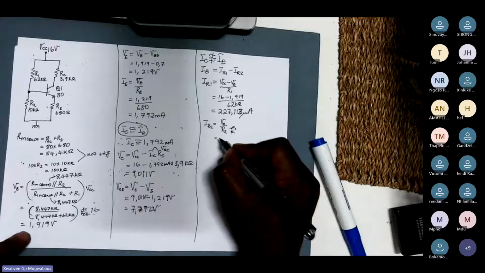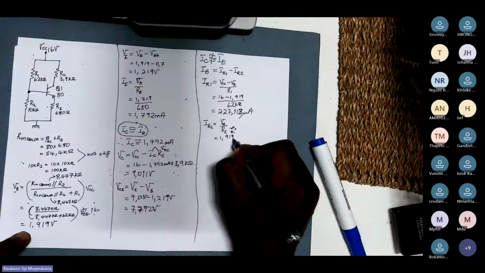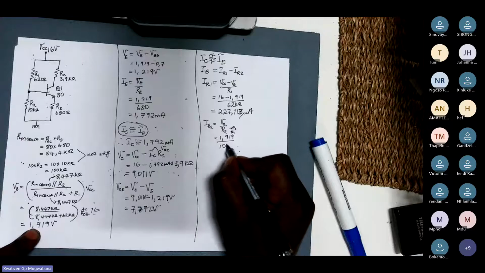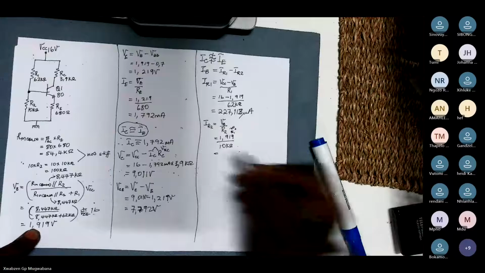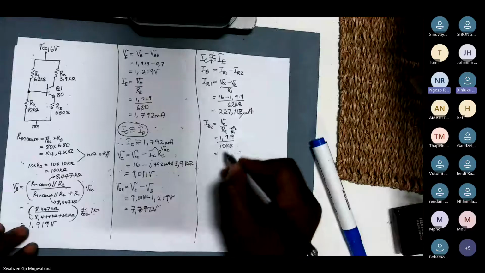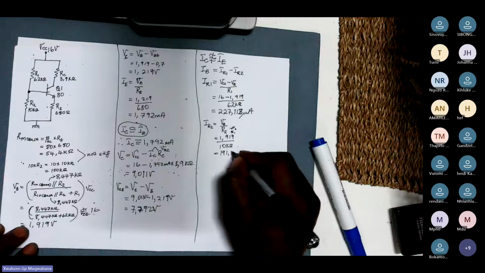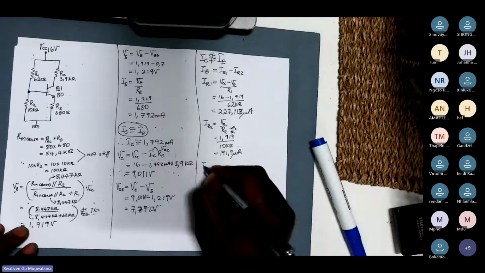We have determined VB to be 1.919 divided by R2, which is 10 kilo ohms, which gives you 191.9 microamps. What is IB?